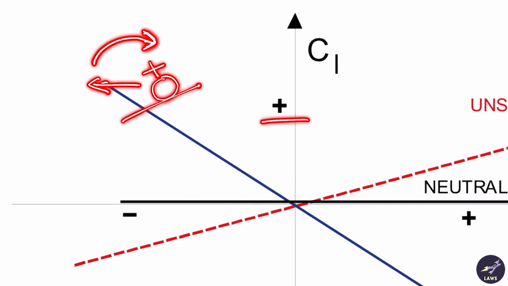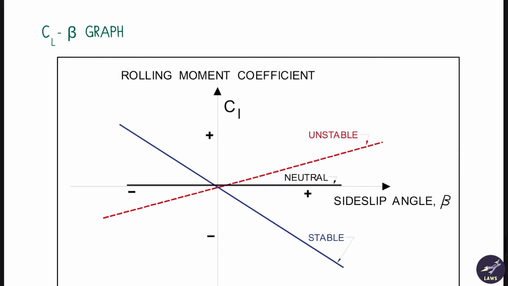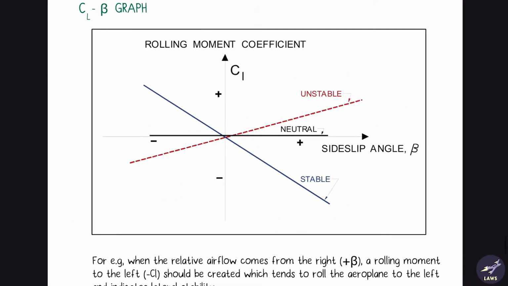So that is the case here. We are getting a right rolling moment, positive rolling moment. Hence, we are coming back to wings level or equilibrium. So in this case, we have a stable condition, stable lateral stability. The rest too, you can try out for yourself if you are understanding it.